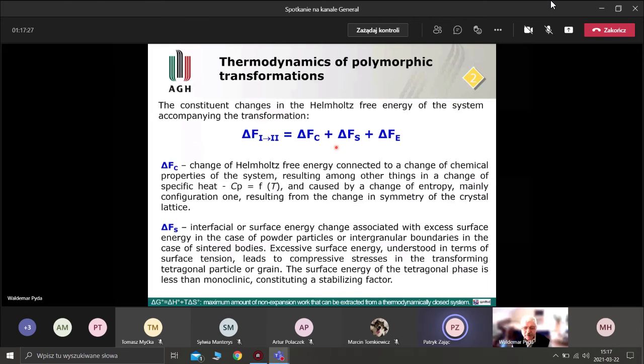What we must expect to happen when the size of particles is reduced to some value? Agglomeration of these very small particles. Okay. How to understand this information? The surface energy of the tetragonal phase is less than monoclinic.